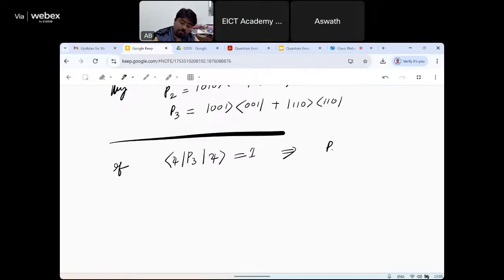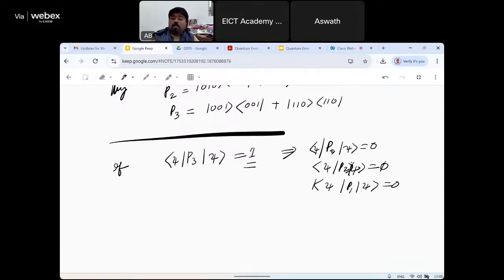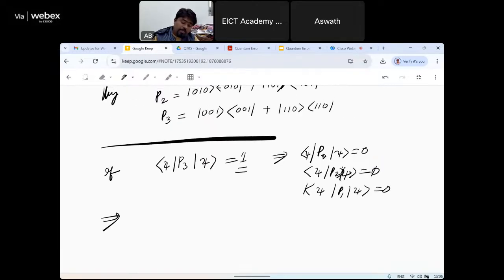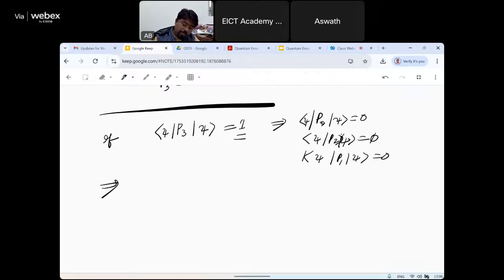In this case, P0, P1 and P2 are all zeros. So you can see, if P3 is indicating an error, it means the third qubit actually got flipped. This is the scenario.